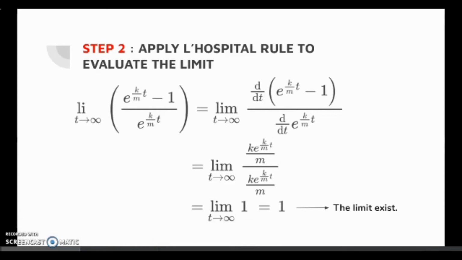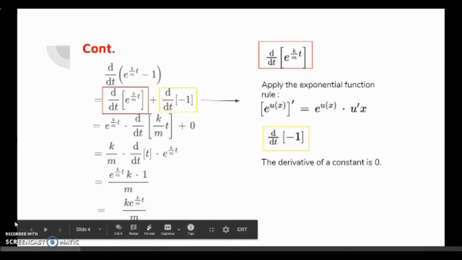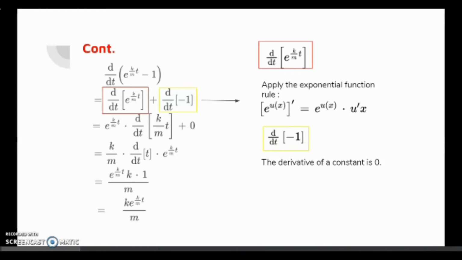After we get the indeterminate form, we can apply L'Hospital's rule to evaluate the limit until the limit exists. So, the limit as t approaches infinity of (e^(k/m t) minus 1) over e^(k/m t) equals the limit as t approaches infinity of the derivative of (e^(k/m t) minus 1) over the derivative of e^(k/m t). To find the derivative of the numerator, we apply the exponential function rule.